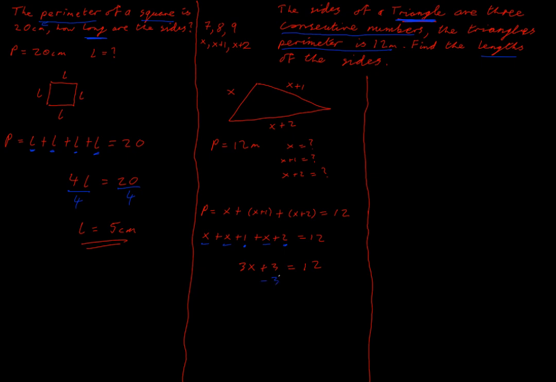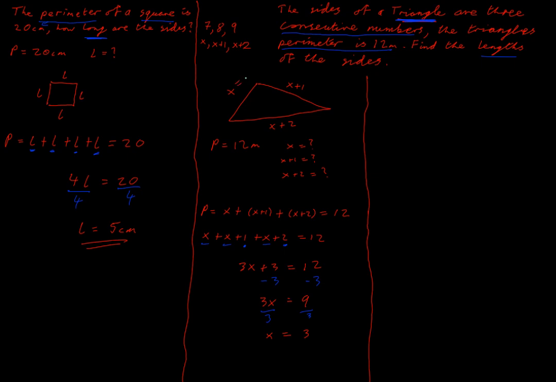I don't want the 3 here, so I'm going to take away 3, and if I do it to one side, I must do it to the other to keep my balance. So 3x is equal to 9, and I divide both sides by 3. 3 divided by 3 is 1, so I'll be left with 1x on the left, and to keep my balance, I must do the same thing on the right, so I end up with 3. So x is equal to 3.